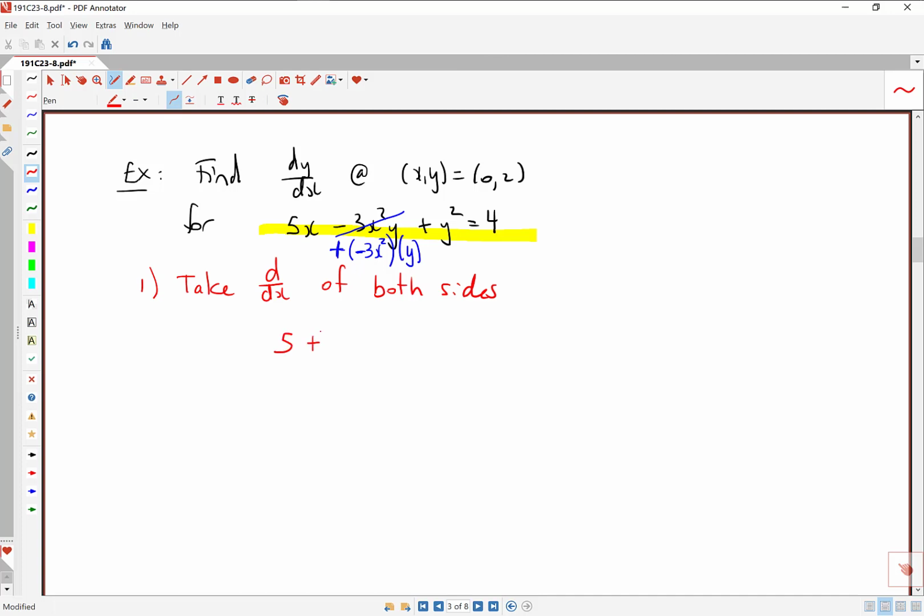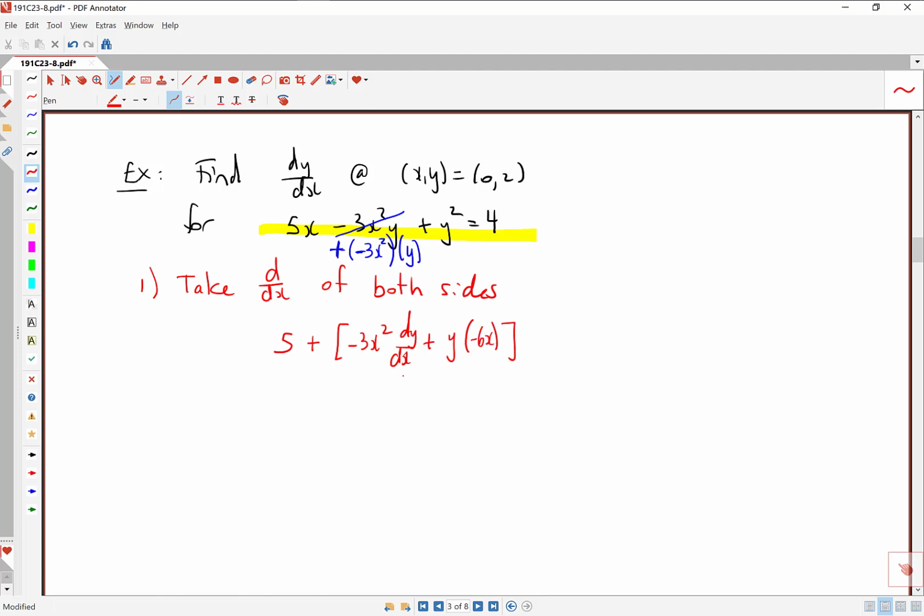Then we get into this product. So we're going to do product rule. I think I'll put that in brackets just so we can see that happening. So first factor, minus 3x squared, gets multiplied by the derivative of the second factor, dy/dx. And then we go plus, we do it the other way around. So y times the derivative of the minus 3x squared, so minus 6x.